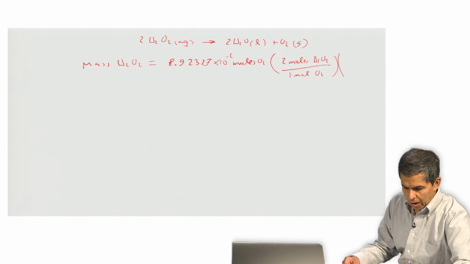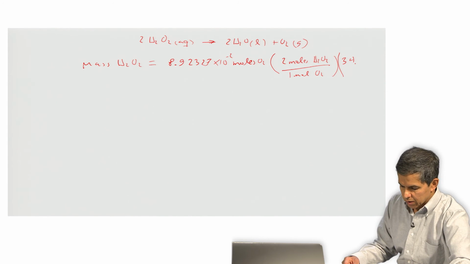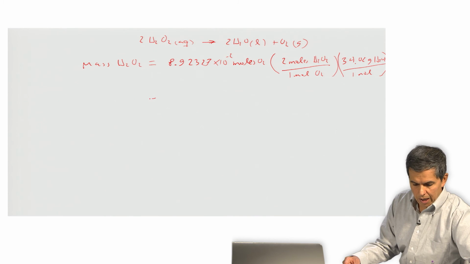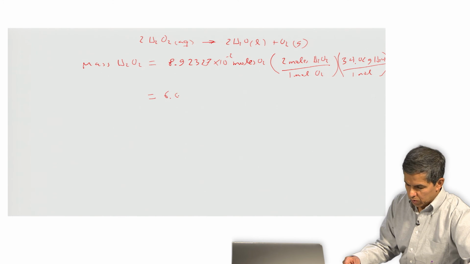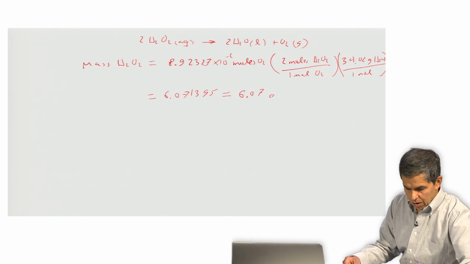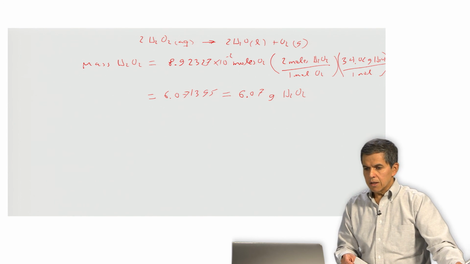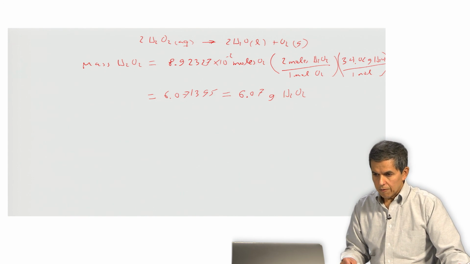And now we are going to add a factor corresponding to the molecular mass of hydrogen peroxide. And that leads to 6.071395, which by rounding off is equivalent to 607 grams of H2O2. This is the answer of problem C.